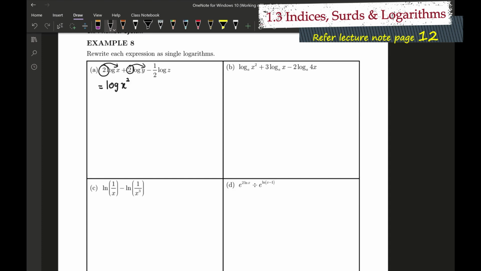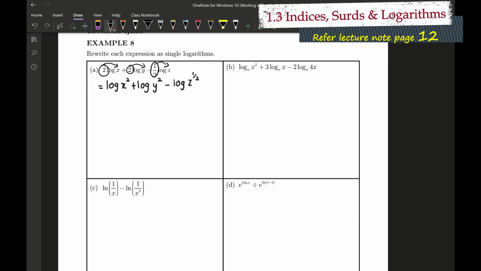Log x square plus log y square minus log z half. Can you follow that? Whatever comes in front of the log, now we are going to convert it into a single log only. So we do as much as we can.